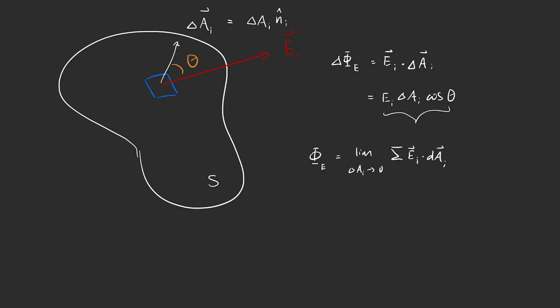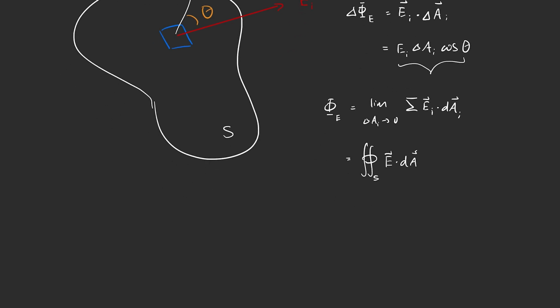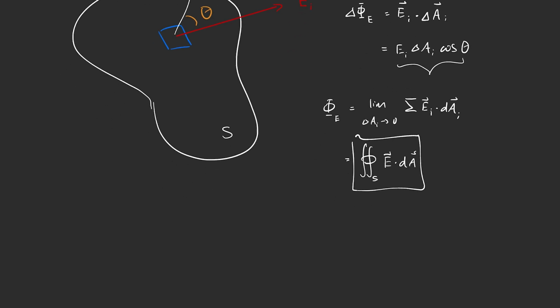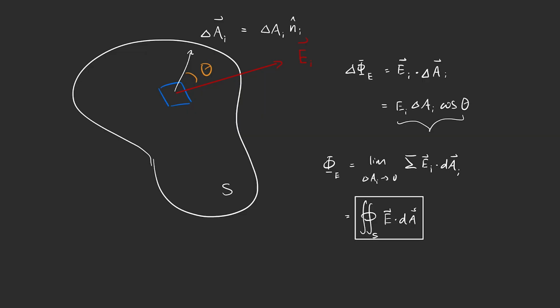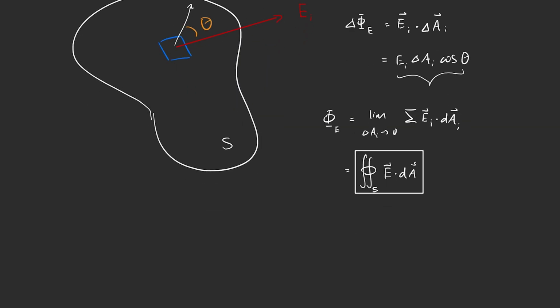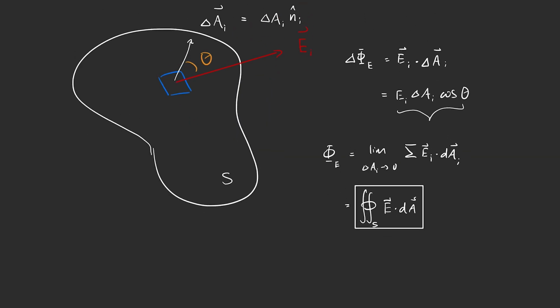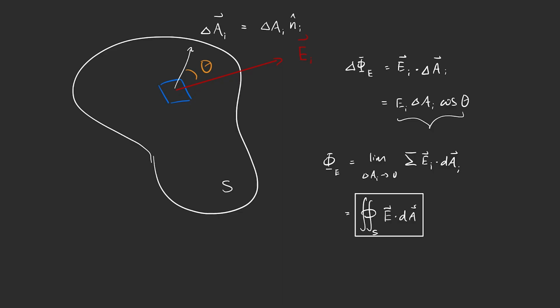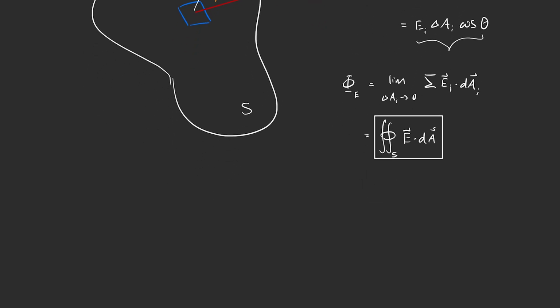And this can be written as a double surface integral over a closed surface of E dot dA. So this is the total electric flux emanating out of a closed surface S, where E is the electric field and dA is each infinitesimally small area element with some normal vector that is pointing outwards and normal to the surface at that point.